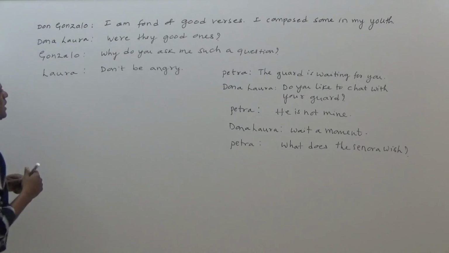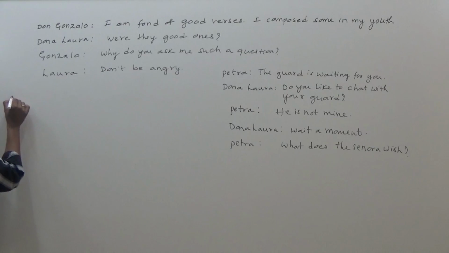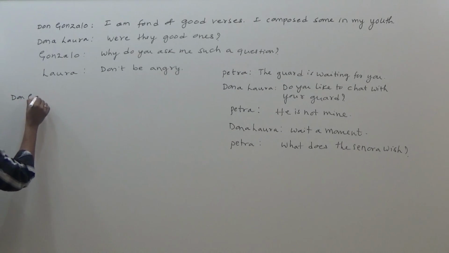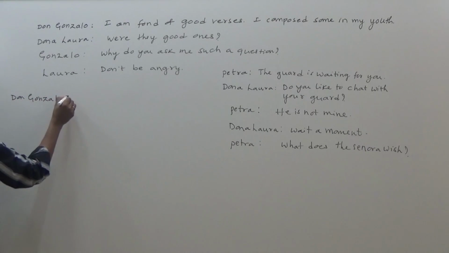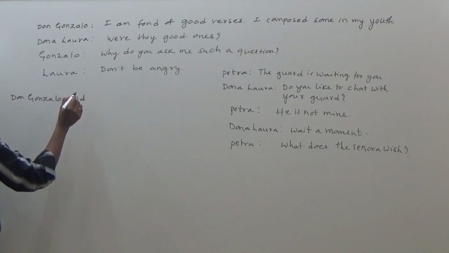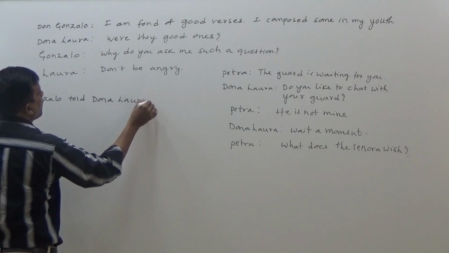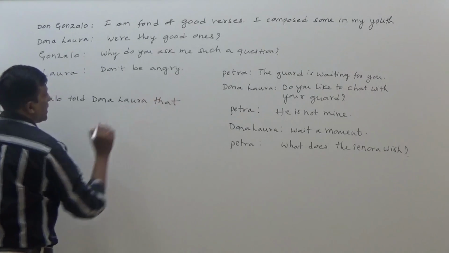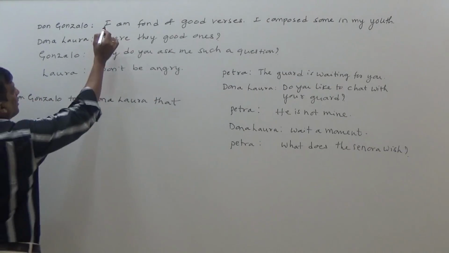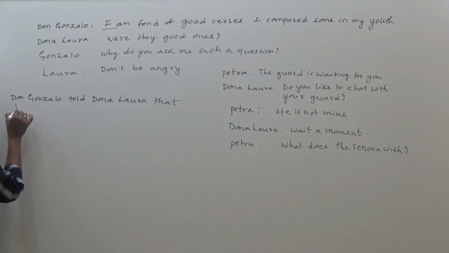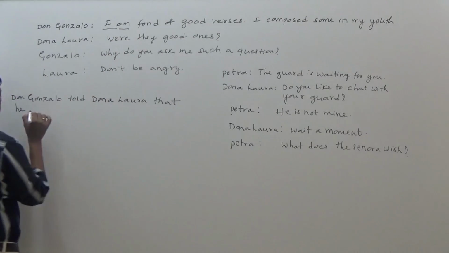The first one is assertive sentence. So Don Gonzalo told Donna Laura that I becomes he, am becomes was.